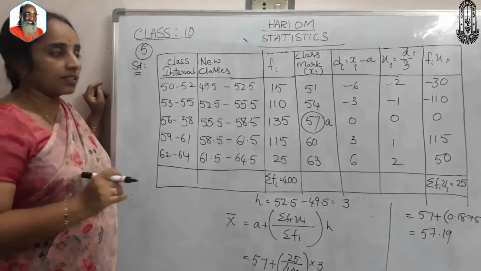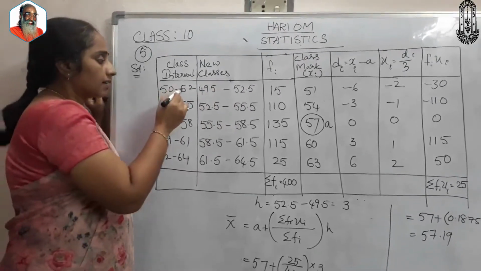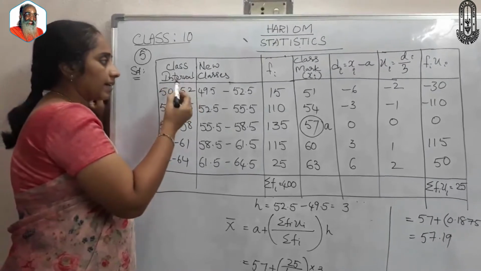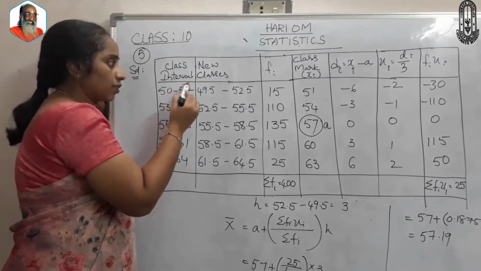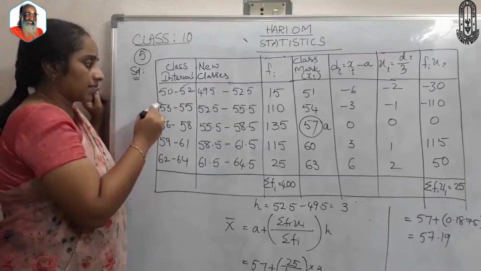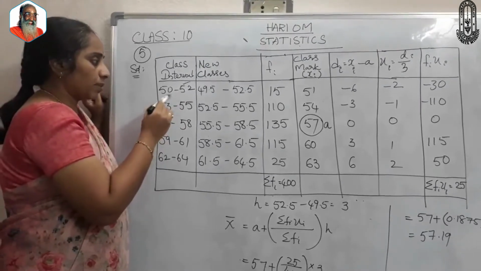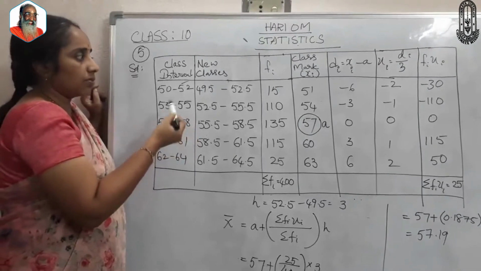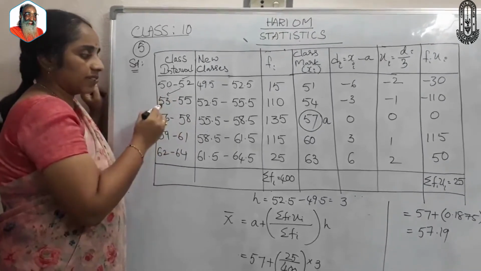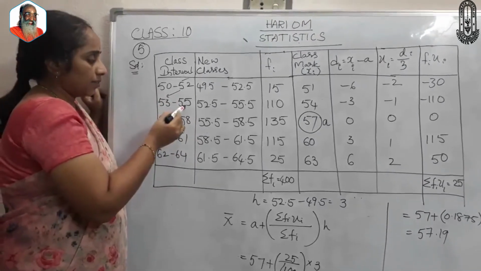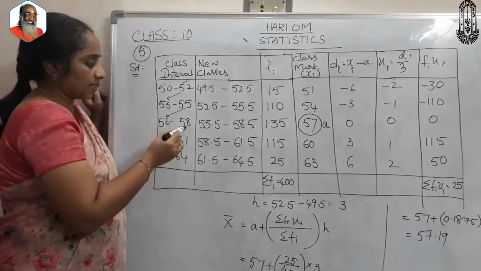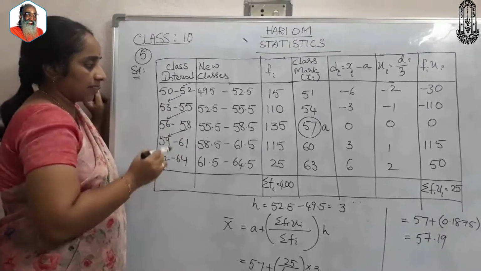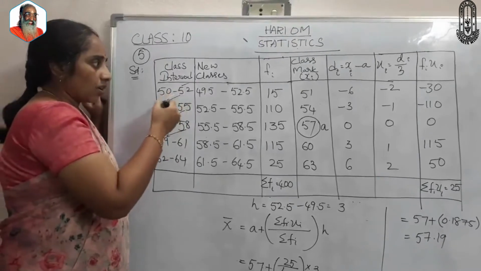classes. See that here the upper limit of a class is 52. Coming to the next class, its lower limit should be equal, then we call it exclusive, but here it is 53. Here it is 55, it is 56, 58, 59. So it is not equal.